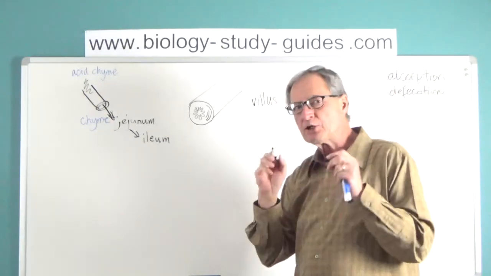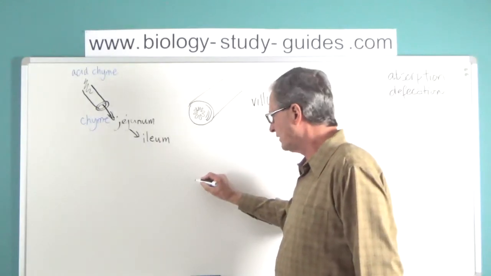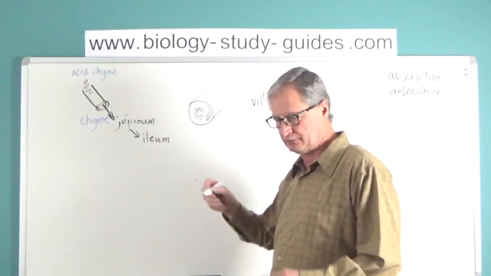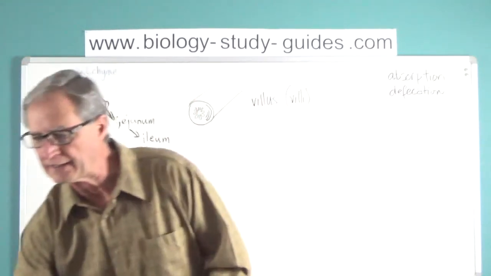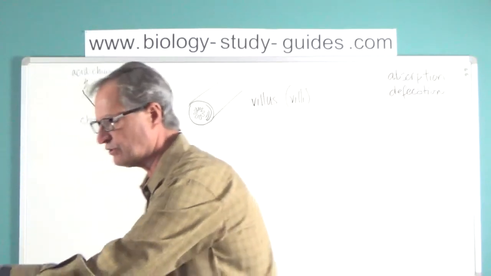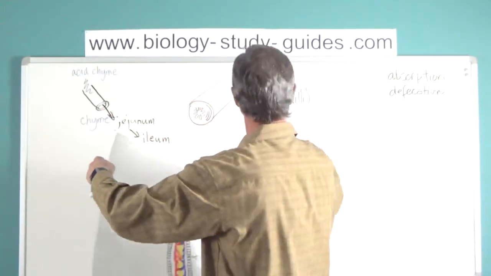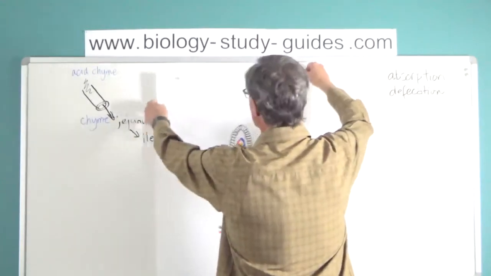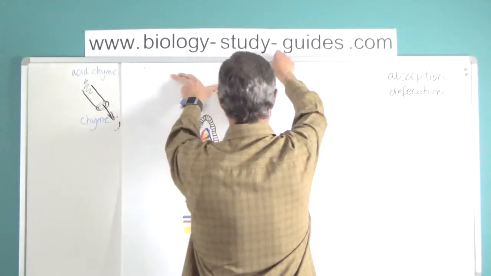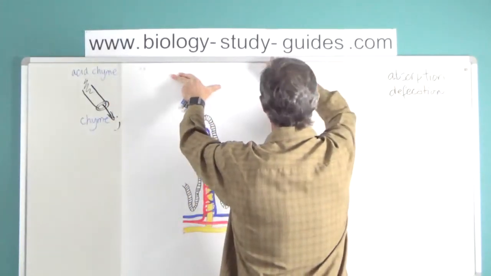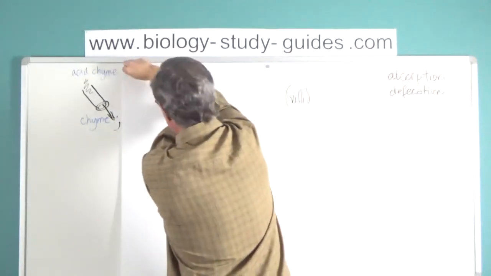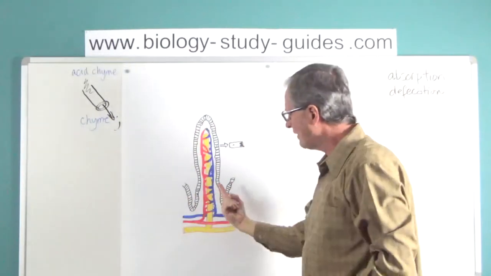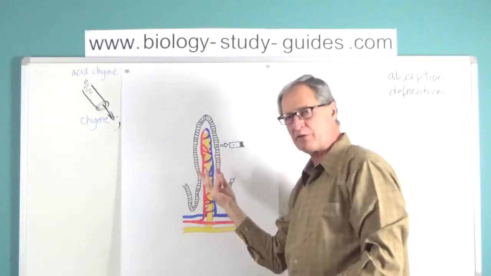And if we take a close look at one of them, it could look more like this. Well, I think it would look better like this if I show it to you this way. One of the finger-like projections, remember it's the inside interior.